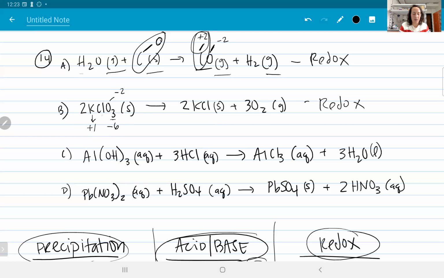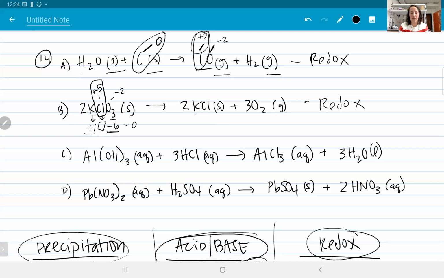That leaves my chlorine to fill in the gaps. Overall, KClO3 was a neutral compound, not an ion. So this value plus my chlorine redox number plus my oxygen values has to equal 0. So chlorine in this case has a redox value of +5.